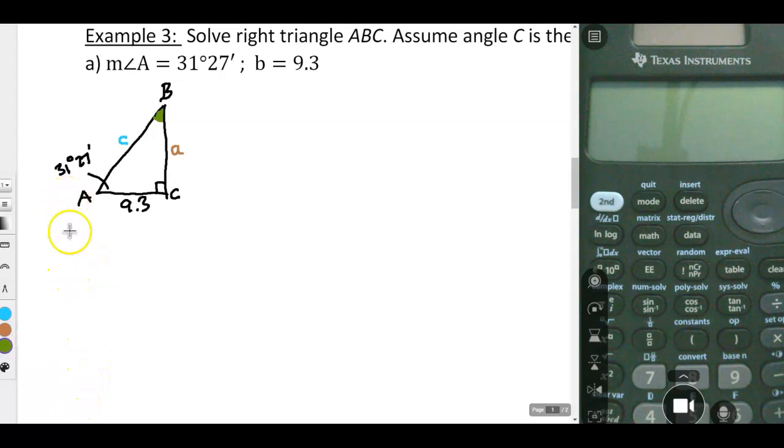The first one: remember that since this is a triangle with a 90 degree angle, A and B add up to 90. Angle A plus angle B equals 90. We have angle A already, which is 31 degrees, 27 minutes.